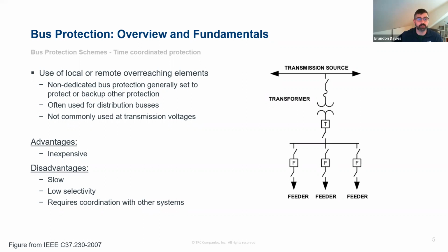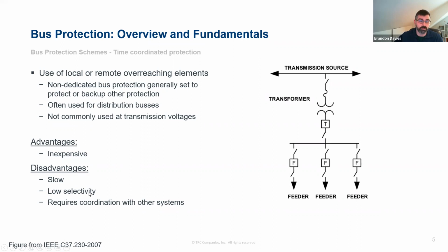Another advantage would be, in the case of that transmission example, if you're using remote relays that aren't even at the same station, you can still provide protection even if you have a major failure of your DC systems or other systems at this station. You've still got that remote backup, remote overreaching element that should clear the fault.